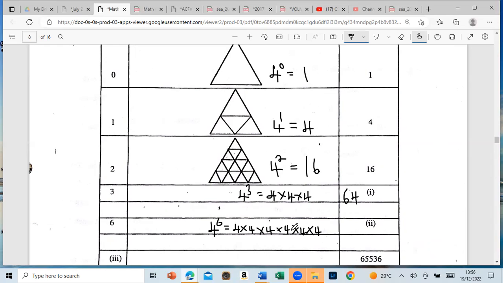Whoa, I gave my students some of these in class. So let me see, 4 to the 6, so it's 6 times. All right, 4 times 4 is 16, times 4 is 64, times 4 is 256, times 4 is 1024.